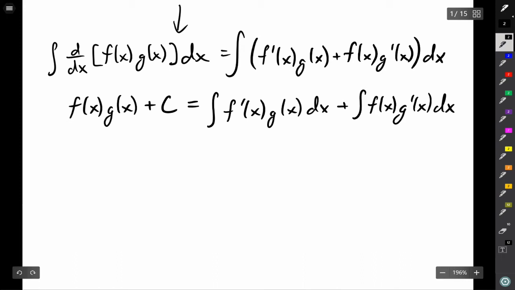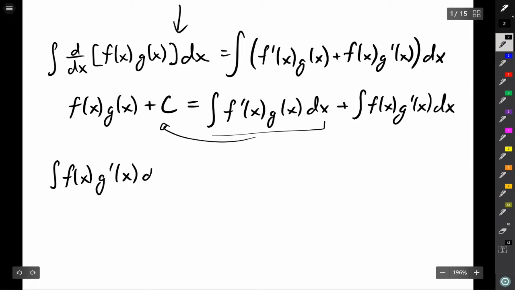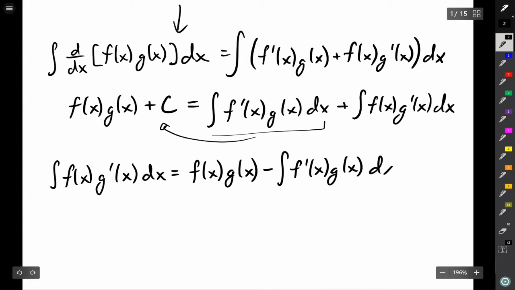Right? And then I'm going to take this piece and move it over to this side, and I'm going to change the order of the equation, so it looks like I'm putting the right side first this time. So the integral of f of x, g prime of x, dx is equal to f of x times g of x minus the integral of f prime of x, g of x, dx.